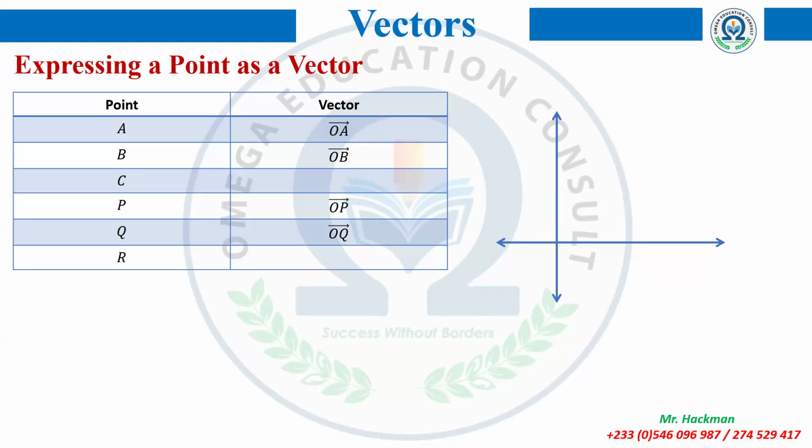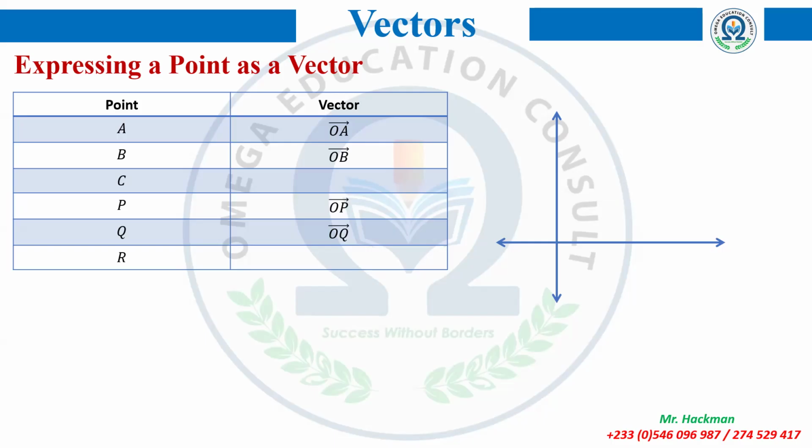These three will be our main objectives for today's meeting. Stay with me whilst I walk you through whatever you need to attain these objectives. So first of all, let's look at expressing a point as a vector.